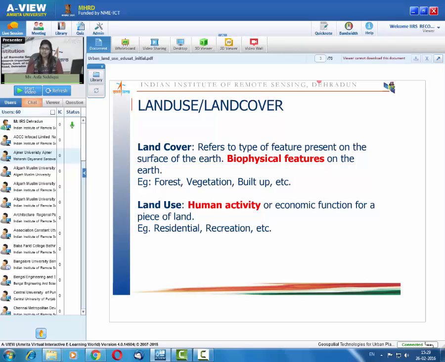But when a human activity or a function is associated with that land cover, it becomes the land use. For example, a residential land use, a recreation. For example, an open park area is open land or green land, but the land use is recreation because an activity has been associated with that land cover.